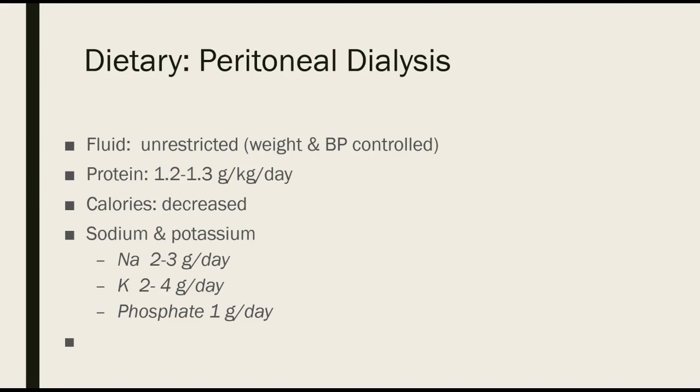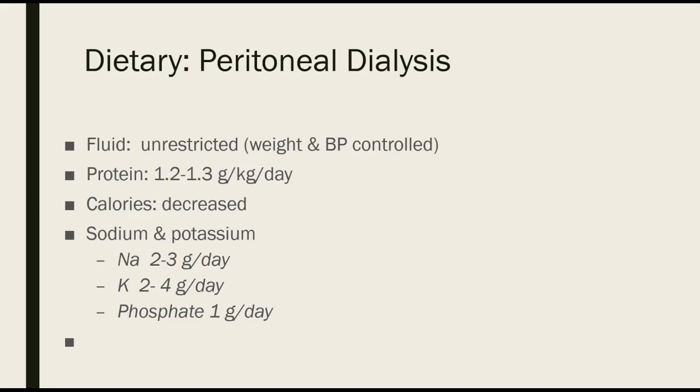Calories, you want to have decreased calories, mainly because those dialysate solutions have dextrose in them, so they're adding calories for the patients. Sodium and potassium are not terribly limited, 2 to 3 grams per day for sodium and 2 to 4 for potassium, phosphate 1 gram per day.